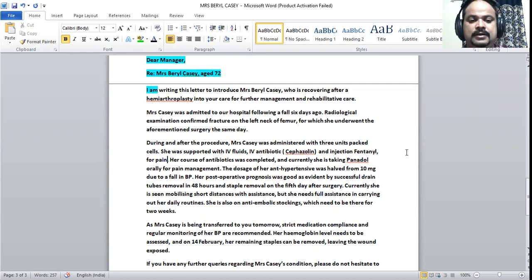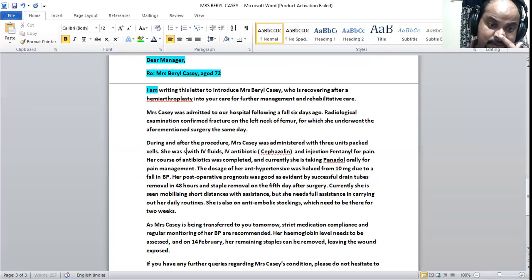That's it. So it can be given IM, it can be given IV. She was supported with. Now I can better use the vocabulary provided with.